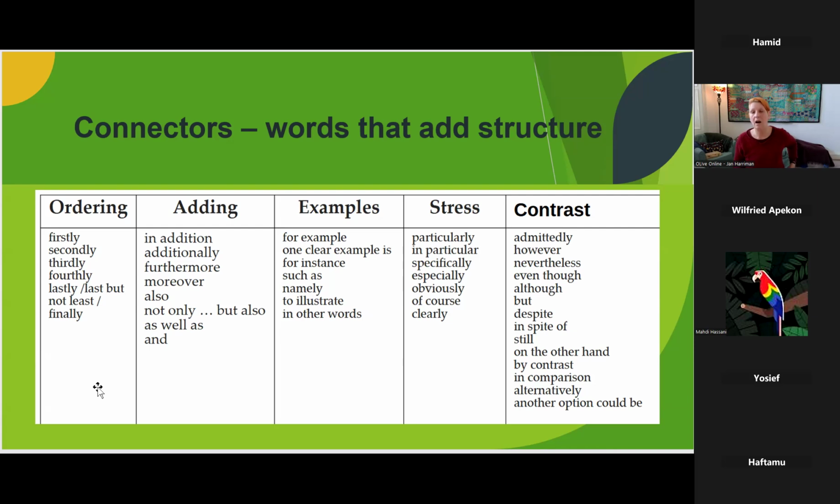Some of them are what we call signposts. Signposts or ordering words are very important when we're talking about examples. So if we were talking about nuclear energy and we wanted to say what were the good things about it: that once it's built, it's cheap, that it's reliable, whether the sun shines or not, or the wind blows or not.